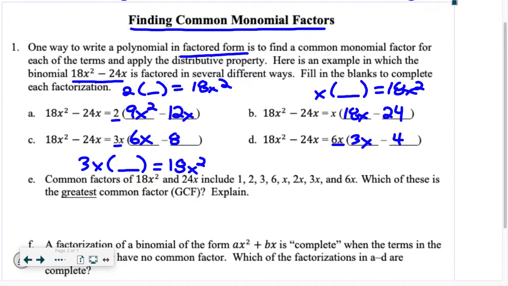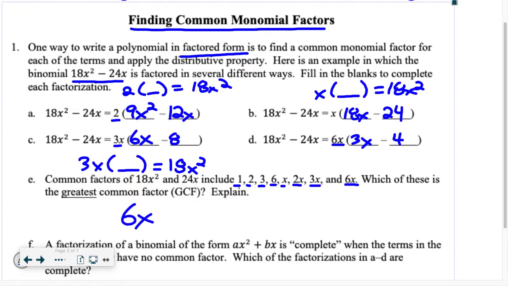So here's the thing we want to look at here. These are all valid factored forms, but we look at our common factors: 2, 3, 6x, 2x, and 3x, and 6x. So which of these do you think would be the greatest common factor? Hopefully, you would say 6x.